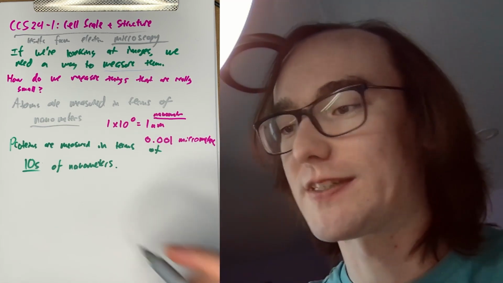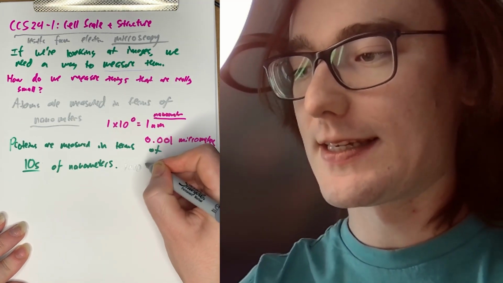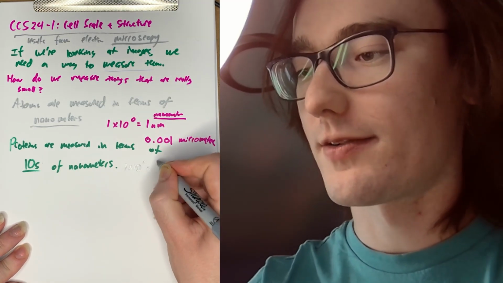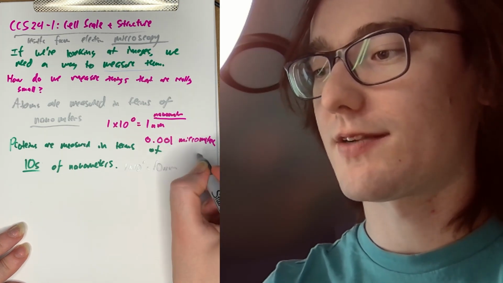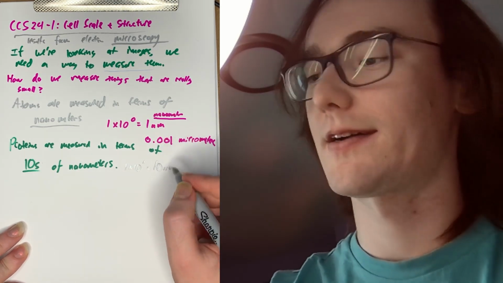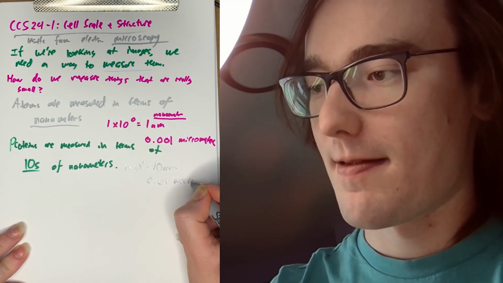Proteins are measured in terms of tens of nanometers. This is 1 times 10 to the 1, which equals 10 nanometers. And if we reduce our value, this gives us 0.01 micrometers.